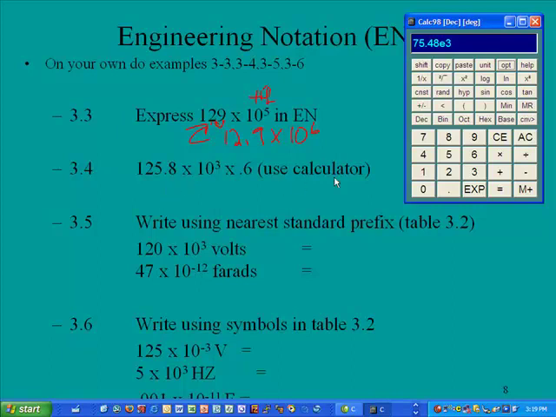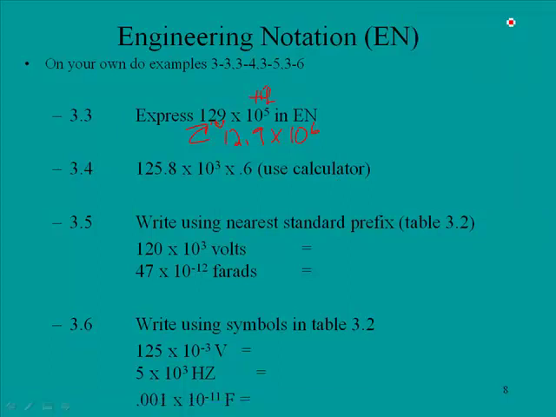Okay, section 3.5. In 3.5 it says write using the nearest standard prefix, and you'll want to refer to table 3-2 when you do this. The first one is 120 times 10 to the 3rd volts. So we know that 10 to the 3rd is 1,000. We would typically write this as 120, and we would say kilovolts.